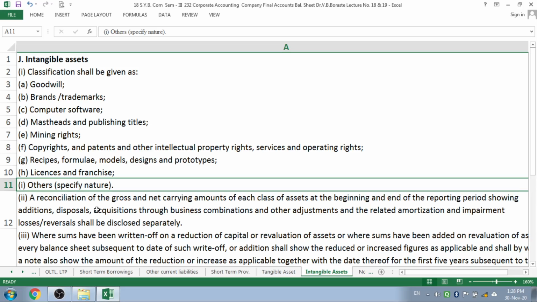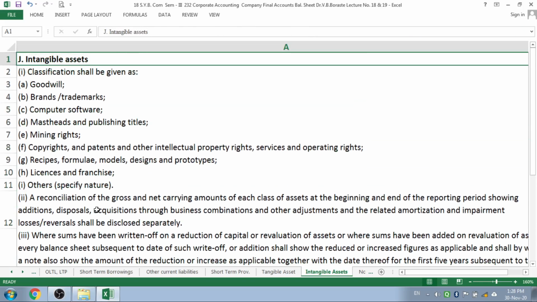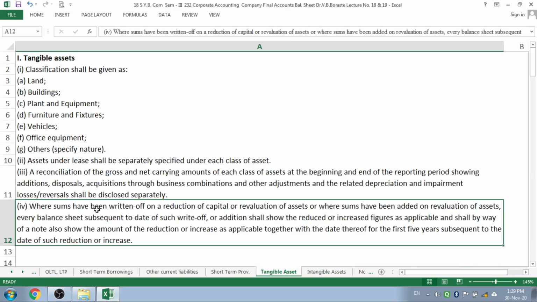Other if there is, it has to be mentioned. A reconciliation of gross and net carrying amounts of each class of assets at the beginning and at the end of reporting period, showing additions and disposal. This is the same as in the case of the tangible assets and intangible assets also.